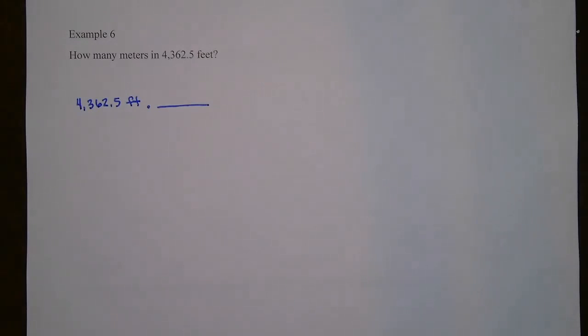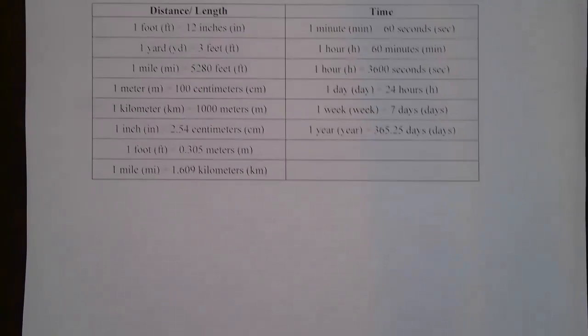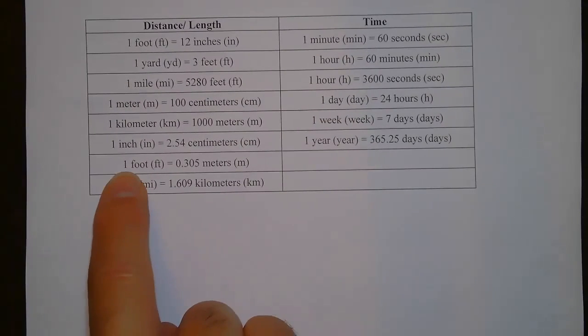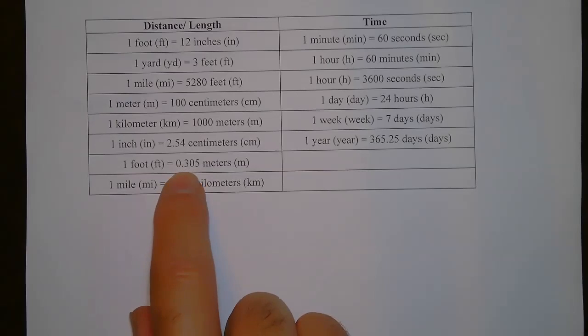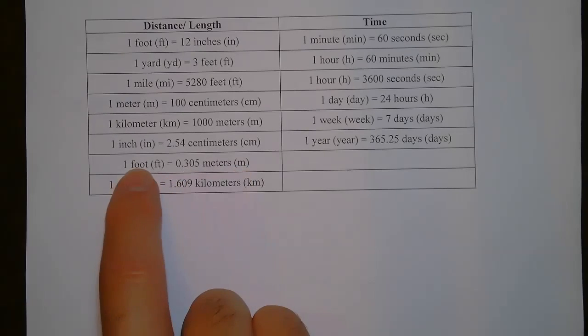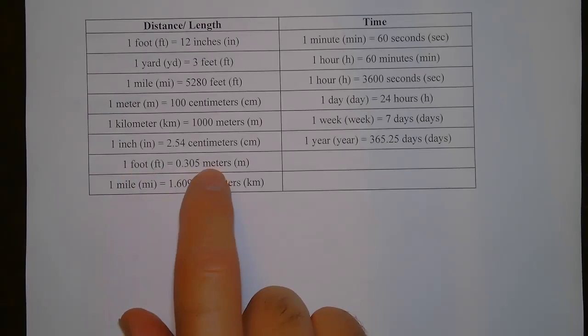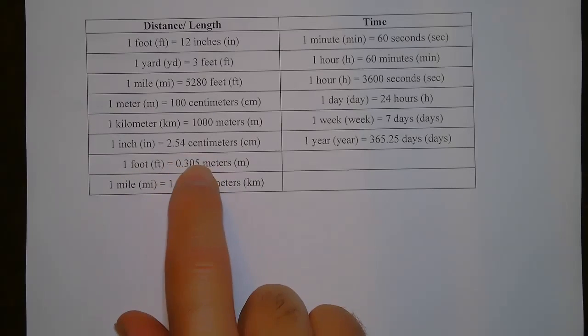If you look at your distance time conversions, that'd be this one. I see here that 1 foot is the same as 0.305 meters. Now this 1 foot is an exact value, but this 0.305 meters is an approximate value. So this has 3 significant figures.